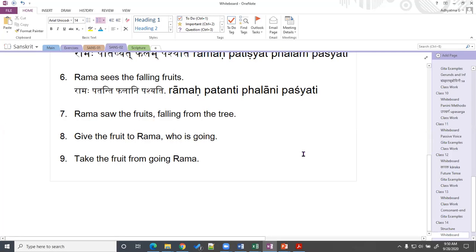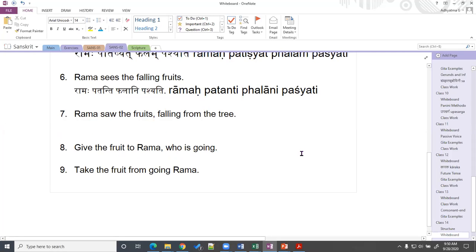Now look at this sentence. Rama saw the fruits falling from the tree. So here, Ramaha. Falani.